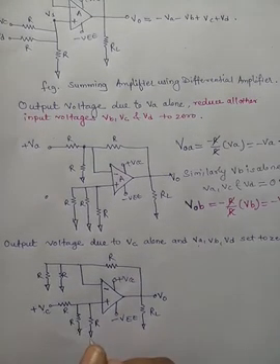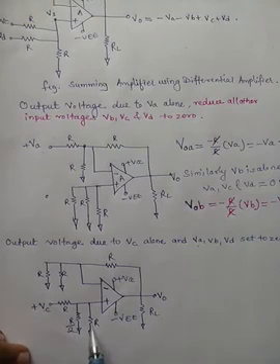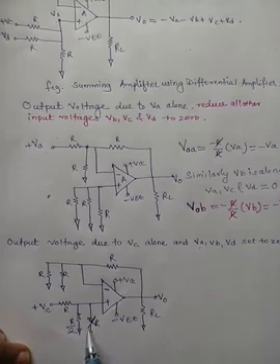So for these two we can write the equivalent resistance, R in parallel with R, which is R into R divided by R plus R, that is R squared by 2R, or simply R by 2.